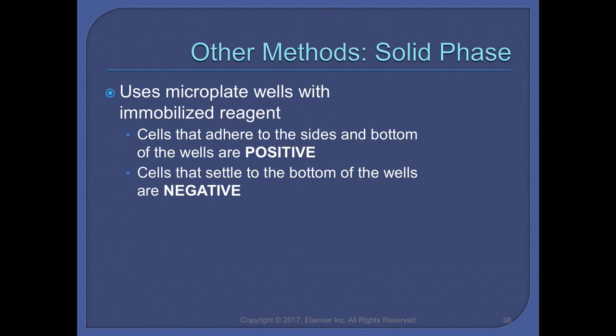The next method that we use in blood bank is the solid phase method. This is another method that's used in blood bank for red cell adherence. They sell commercial solid phase test procedures for the detection of both red cell and platelet antibodies since the 1980s.